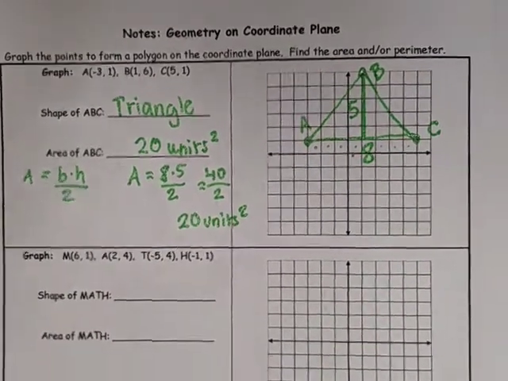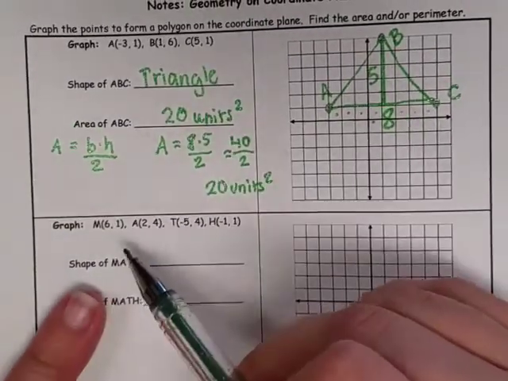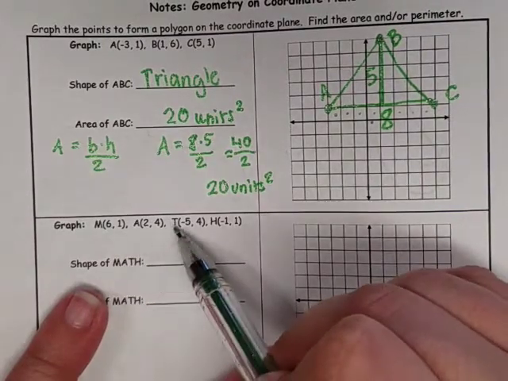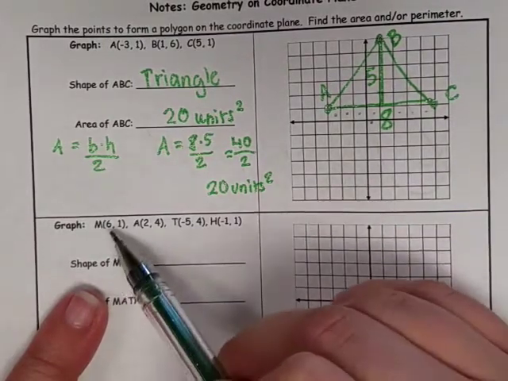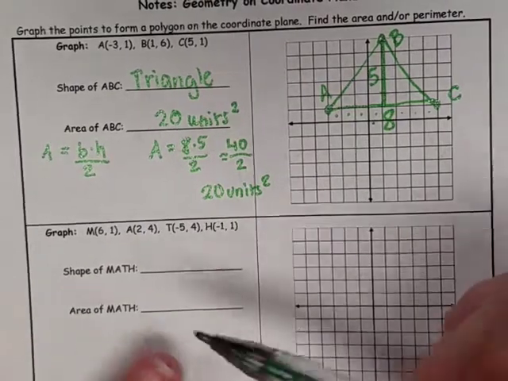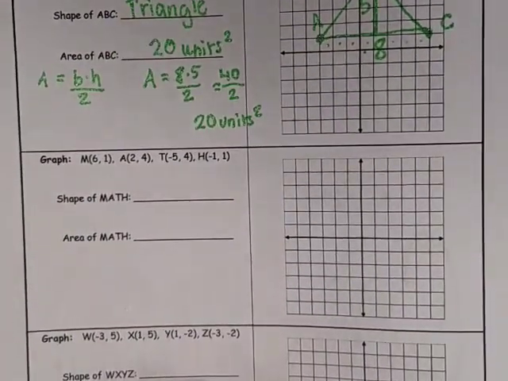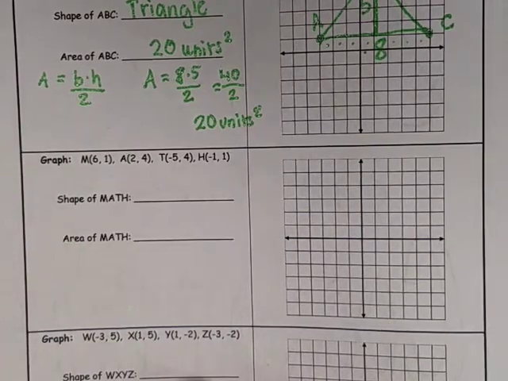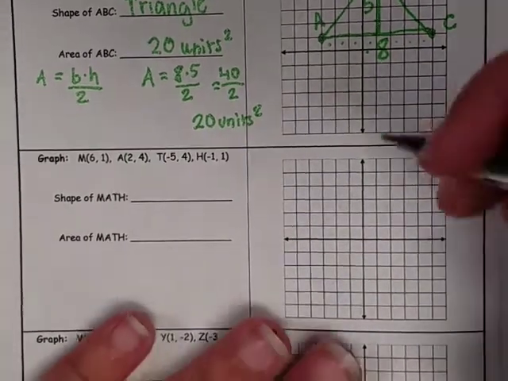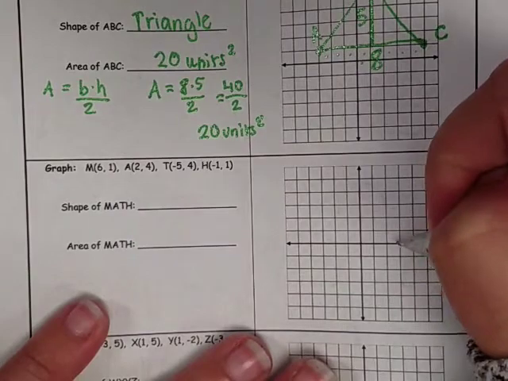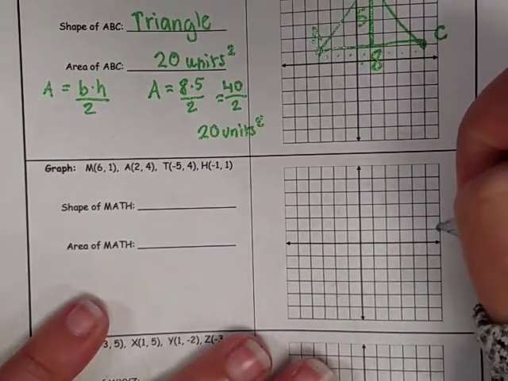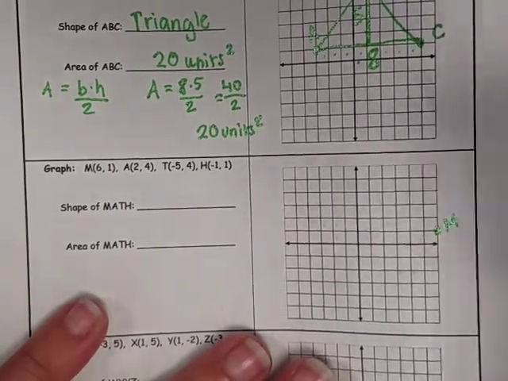All right, next problem. We're going to graph figure MATH, so math, and it is a 4-sided polygon, so a quadrilateral. We don't know if it's going to be a parallelogram, a rectangle, a square, or a trapezoid, so we have to draw it first. So M is (6, 1): 1, 2, 3, 4, 5, 6, up 1, and go ahead and label it.